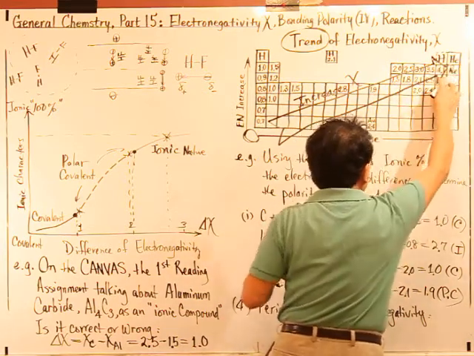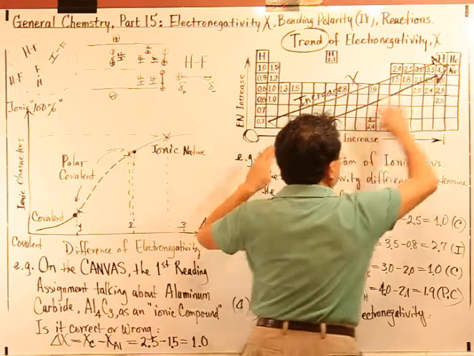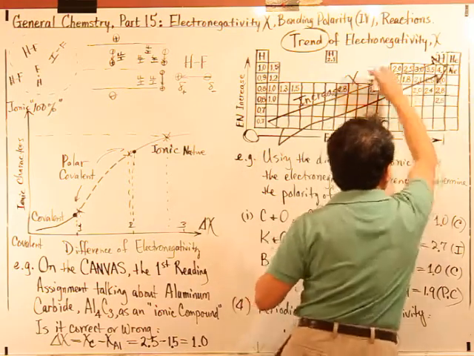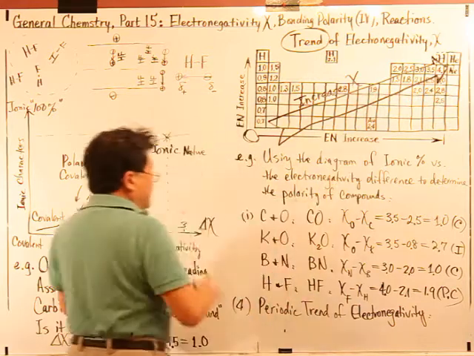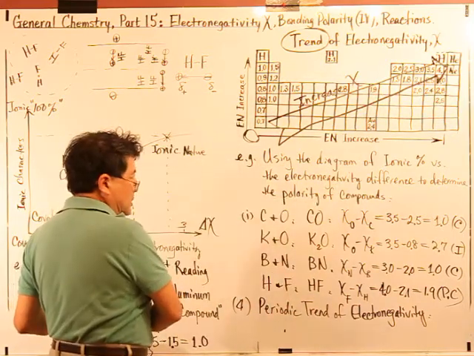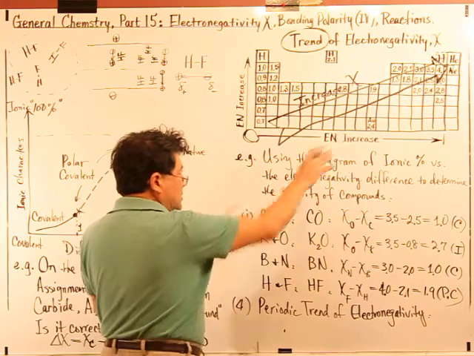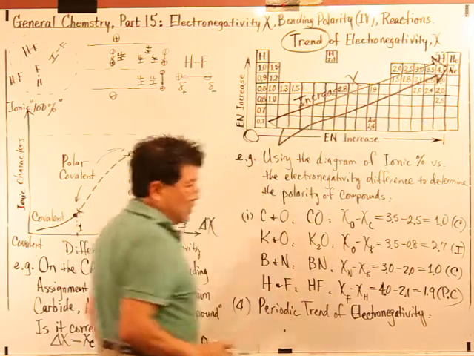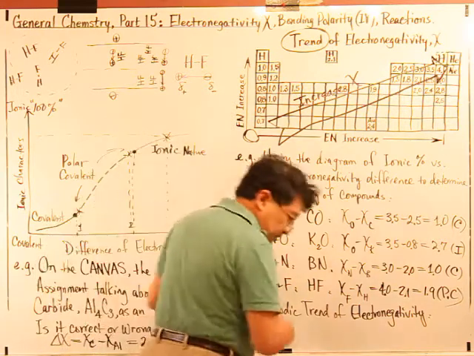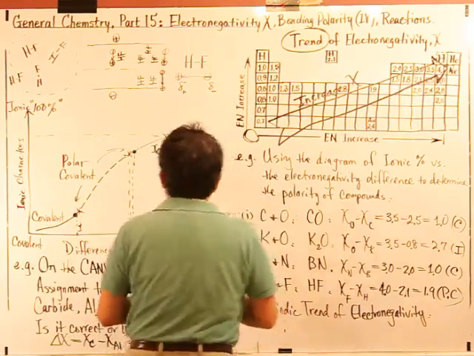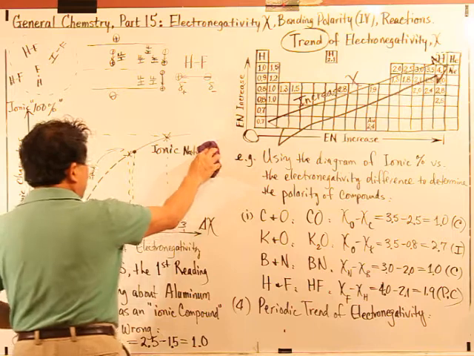The trend is diagonal, increasing from the lower left corner all the way to the upper right corner of the periodic table. Is that enough? Yes. Alright, we finished that part, and we are able to use this in the future.